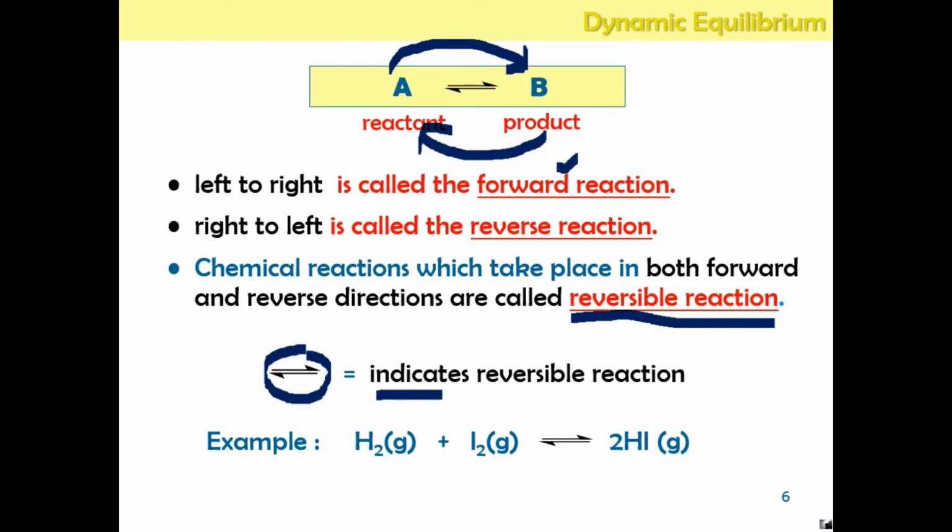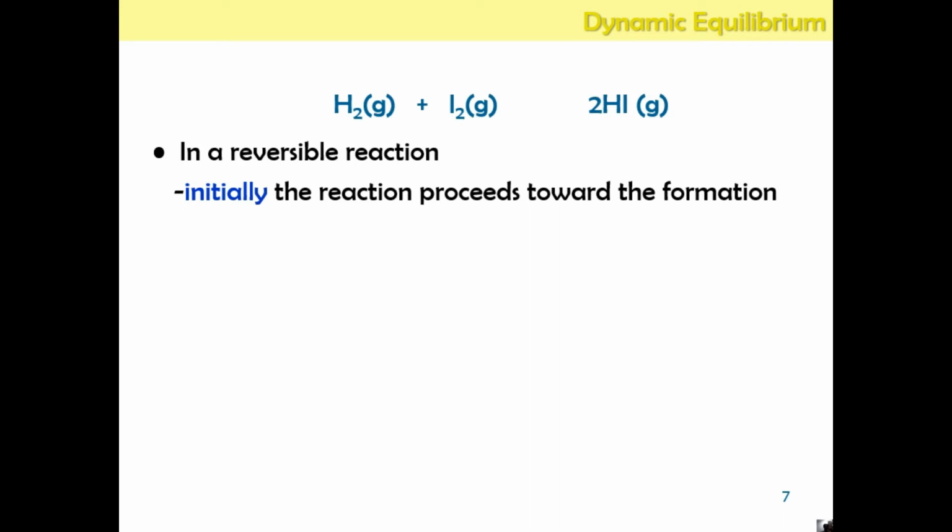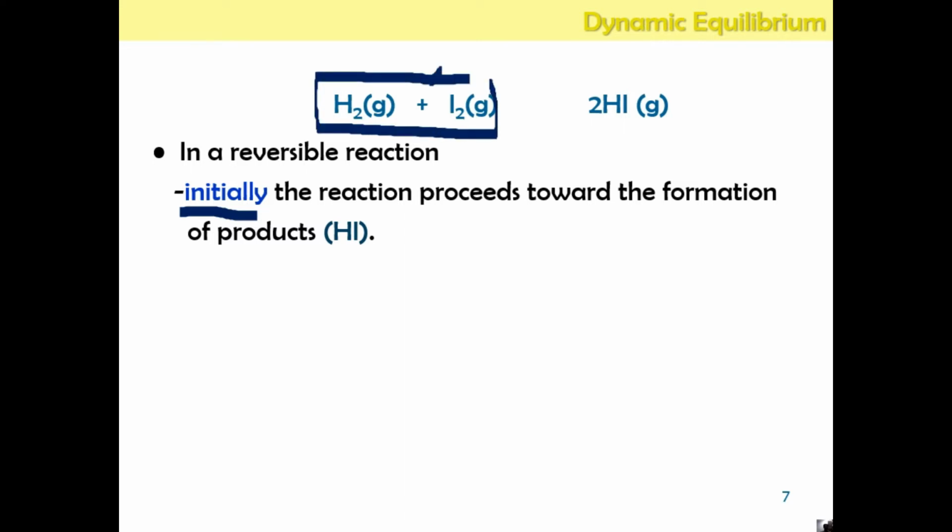The example of a reversible reaction: hydrogen reacts with iodine gas, using the double-headed arrow. The product is 2HI gas. In the reversible reaction, initially the reaction proceeds toward the formation of HI.